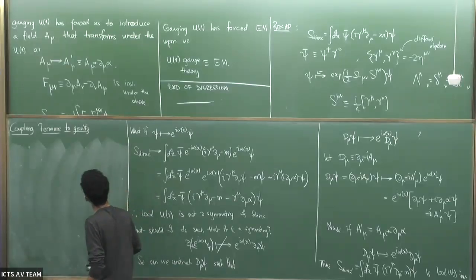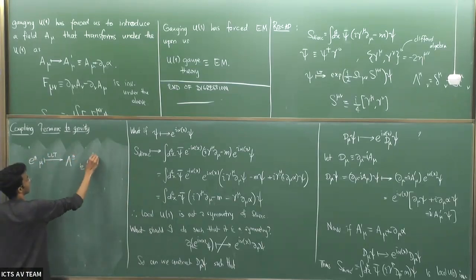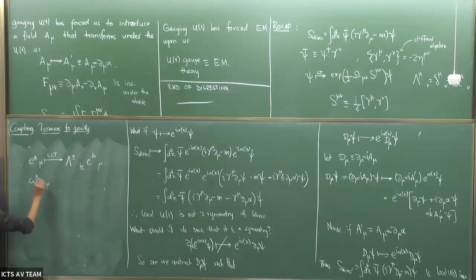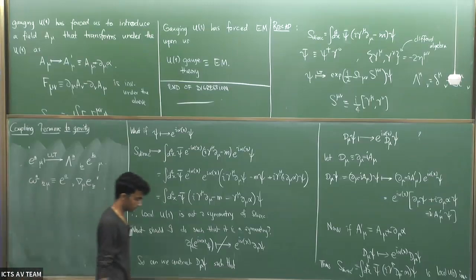We found that there are these vielbeins, these e A mu's, which under a local Lorentz transformation transform like this. And then we also found that there should be some omega AB mu, which in terms of these is defined as e A nu grad mu e B nu. I hope I'm defining this correctly.